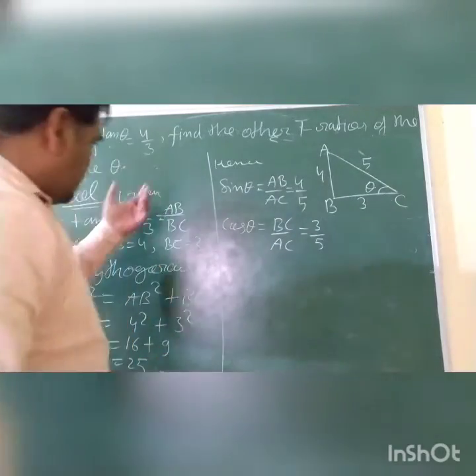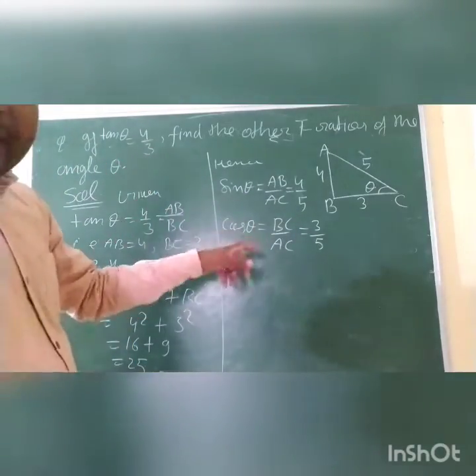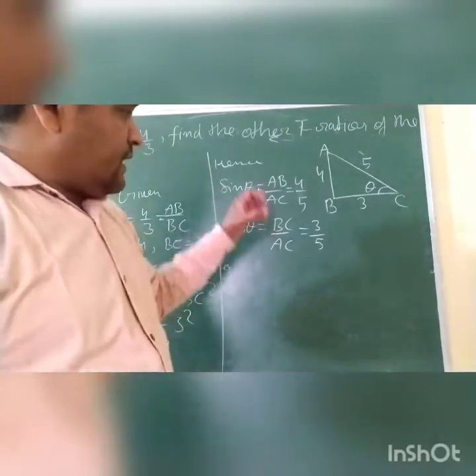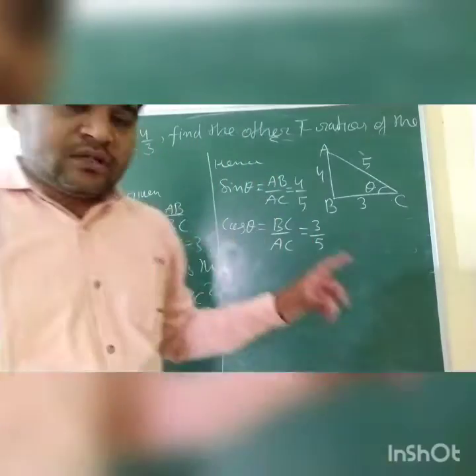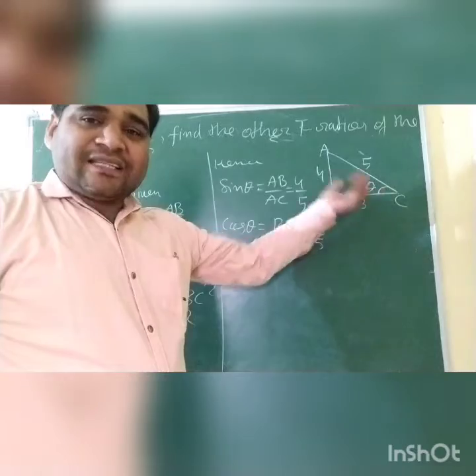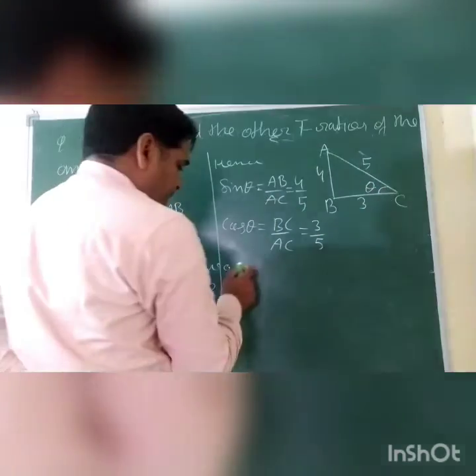Now you have the 3 main trigonometric ratios: tan theta, sin theta and cos theta. You can also find the other ratios by the properties of trigonometric ratios, or using the given figure.